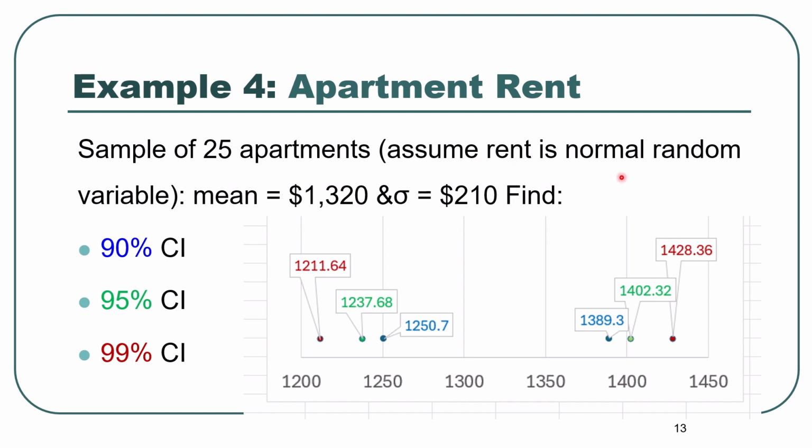So I assumed here that my x's, the rent values, are normal random variables. Anyhow, these are the 3 different confidence intervals to estimate the mean of the rent from that sample of only 25 apartments. And as you see, as the confidence increases from 90 to 99, the interval gets wider.